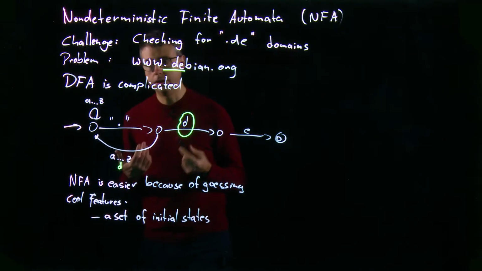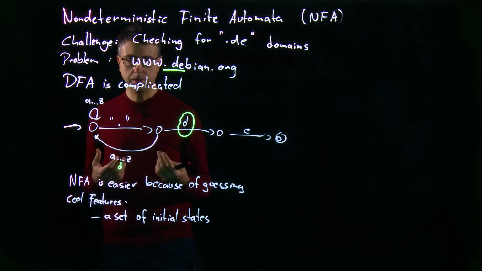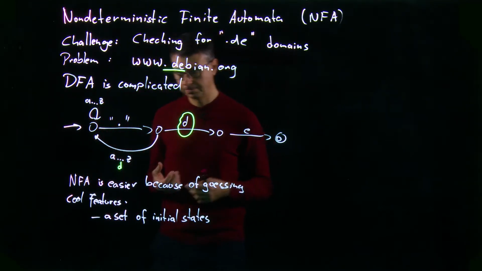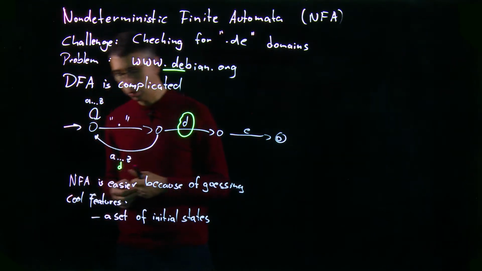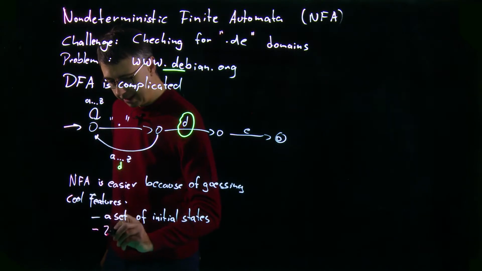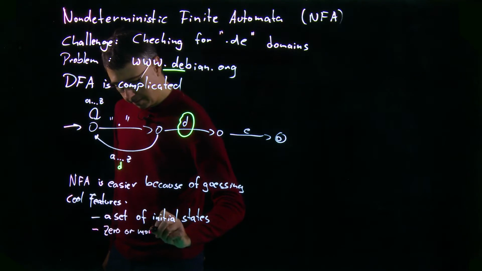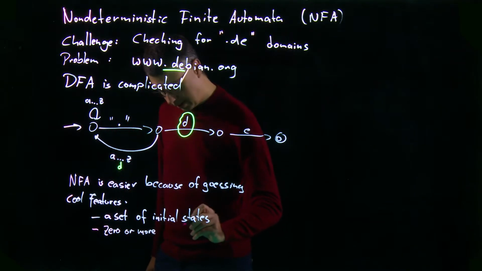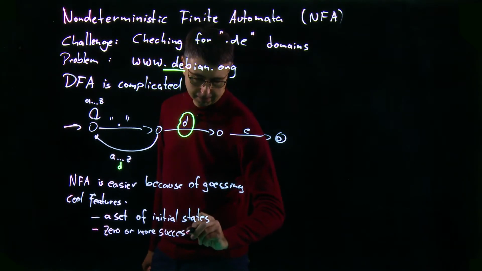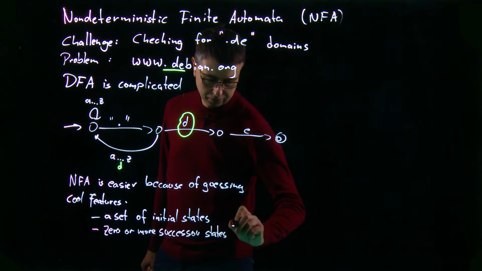So the non-deterministic automaton has already a non-determinism in the beginning, so it can choose where to start. So we might have more than one initial state. And we have 0 or more successor states for each state.